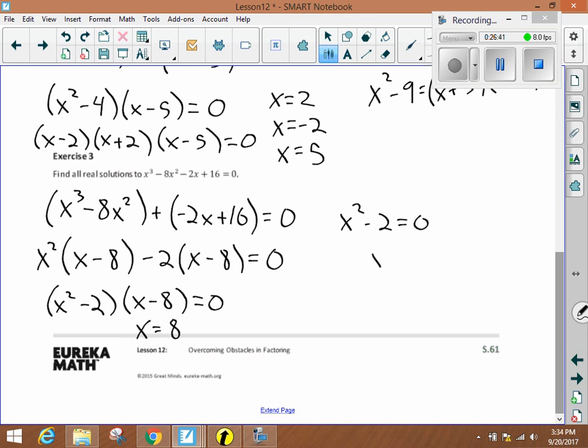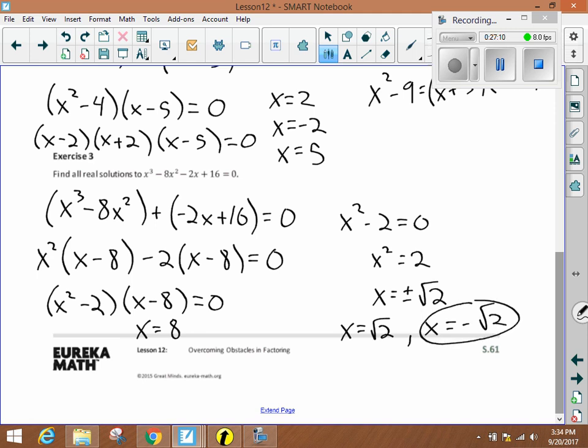I'll add 2 to both sides. I'll take the square root of both sides. And there is no whole number value for the square root of 2. So my next solutions will be x equals positive square root of 2, and x equals negative square root of 2.